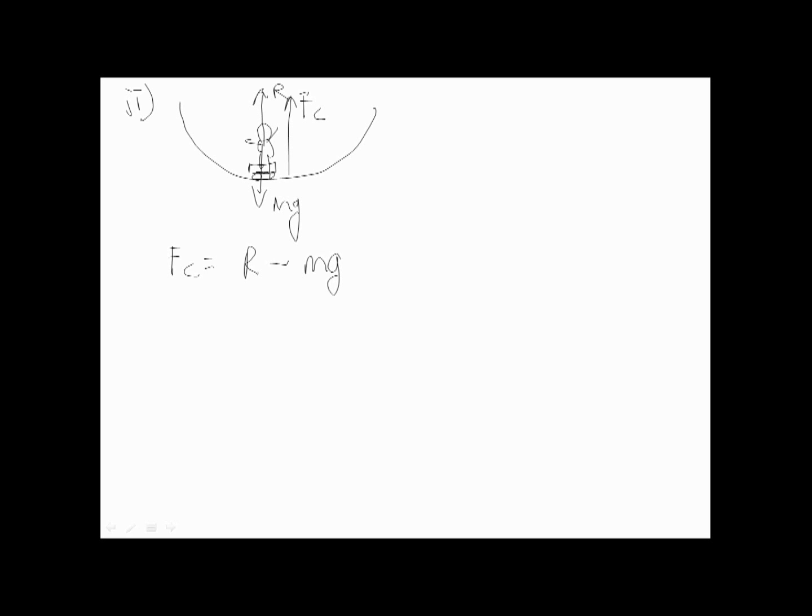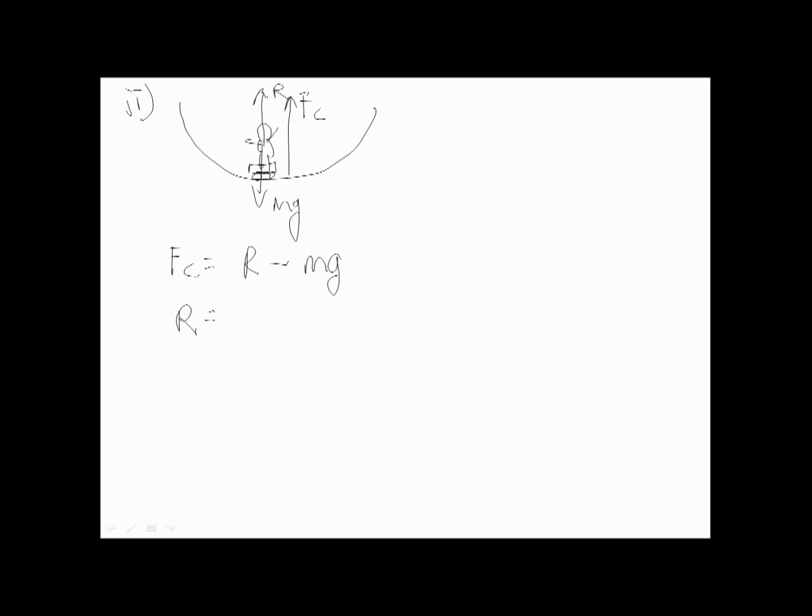R must be larger than mg so that it will stay on the curvature of the dip. If mg were larger than R, the skateboarder would go down toward the other side, but that's impossible. So in this system, R must be larger than mg.